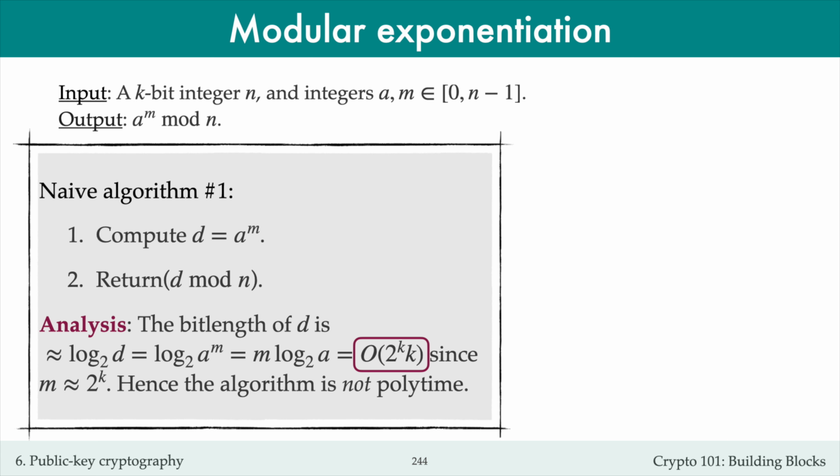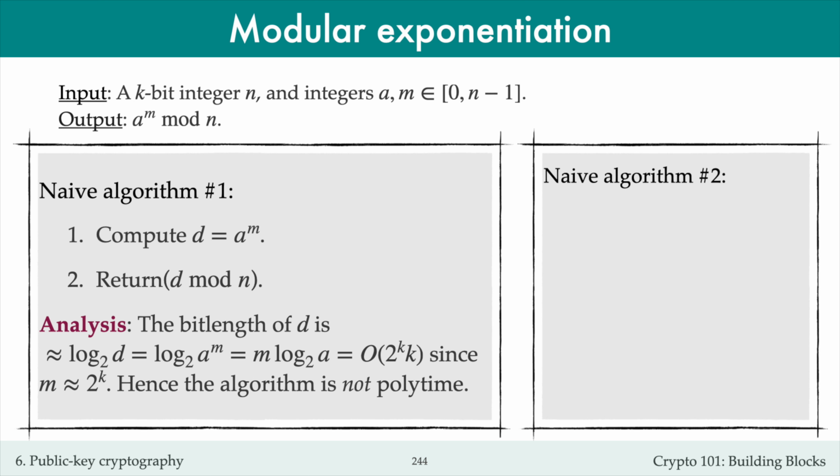So the bit length of d is big O of 2 to the k times k, which is not polynomial in k. Therefore, just writing down the gigantic number d is inefficient. And so the running time of the algorithm, in the worst case, is not polynomial in k. So this is not a polynomial time algorithm, which agrees with our intuition that the algorithm is not efficient.